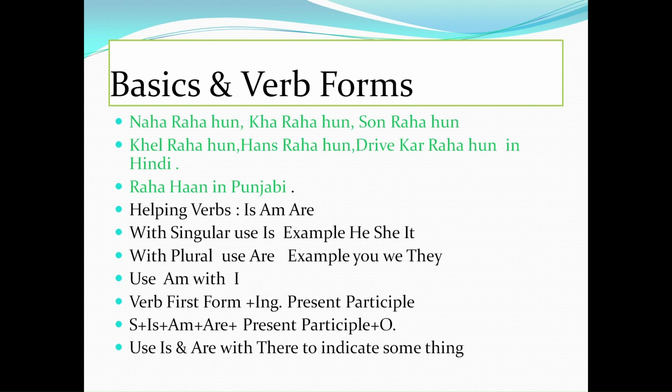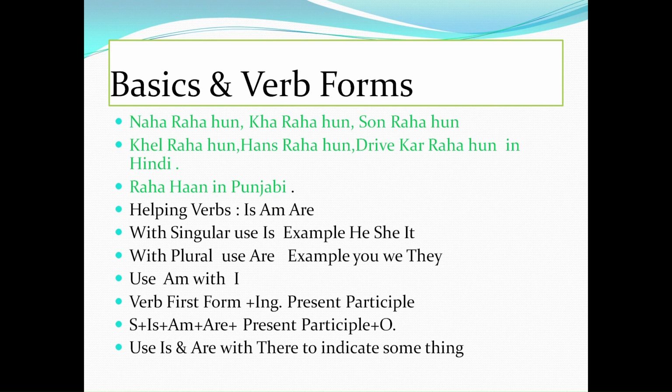Now I come to the basics. If I translate present continuous tense in Hindi, if the sentence ends in नहा रहा हूँ, खा रहा हूँ, सो रहा हूँ, खेल रहा हूँ, हंस रहा हूँ, so when it ends in रहा हूँ, it means it is a present continuous tense.